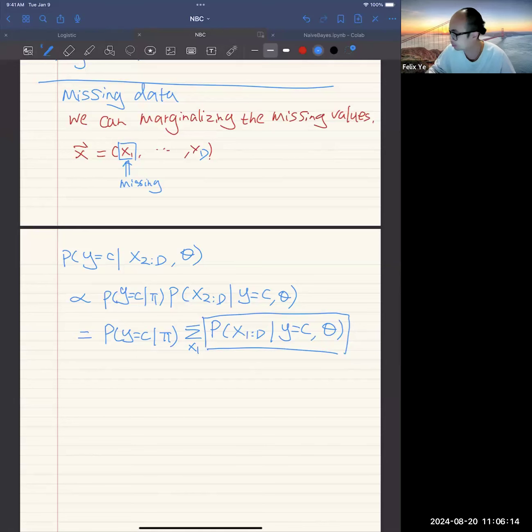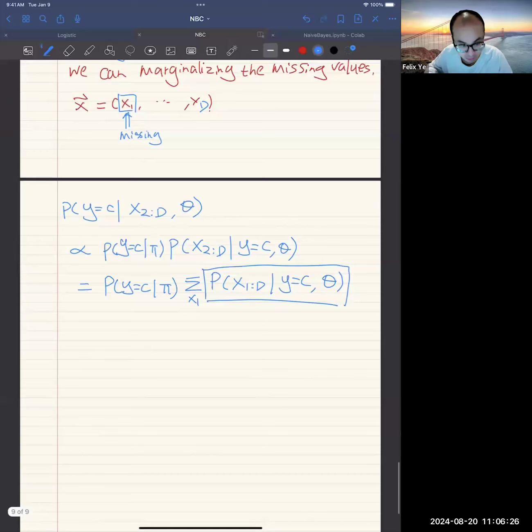In naive Bayes, in fact, you can literally calculate this explicitly.